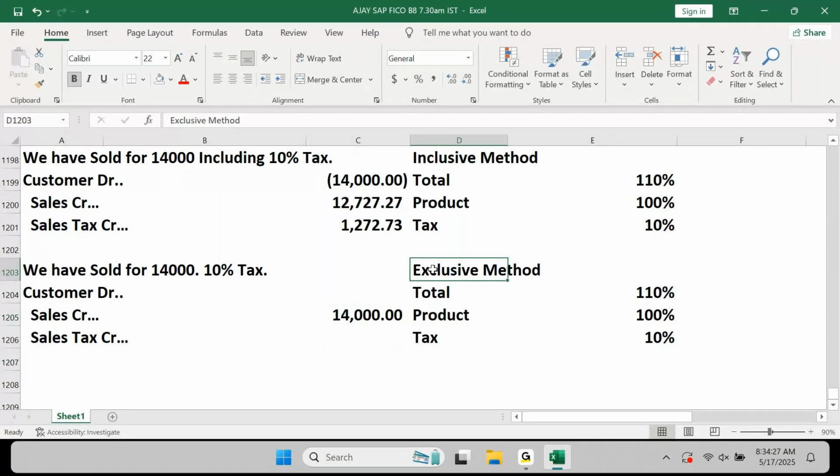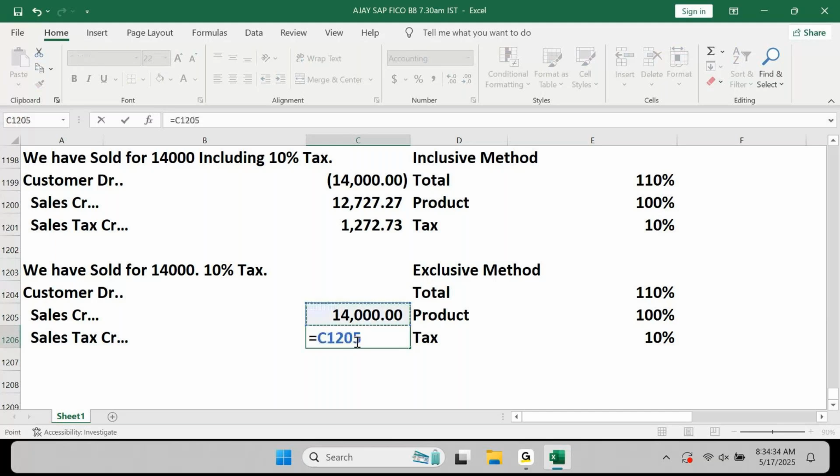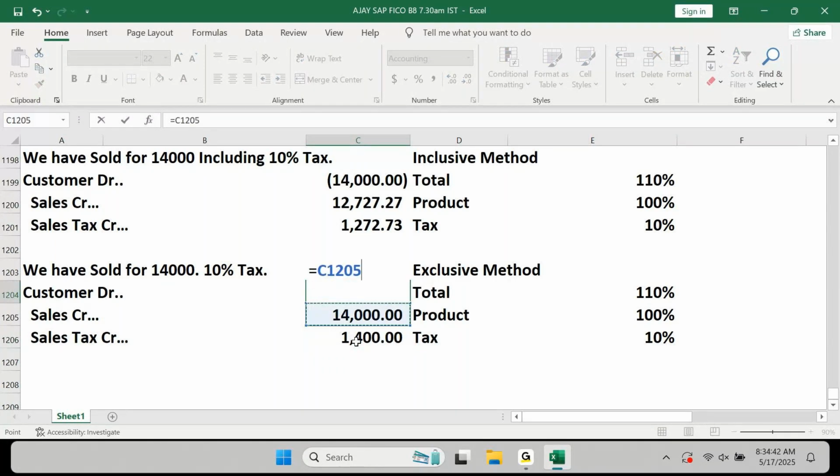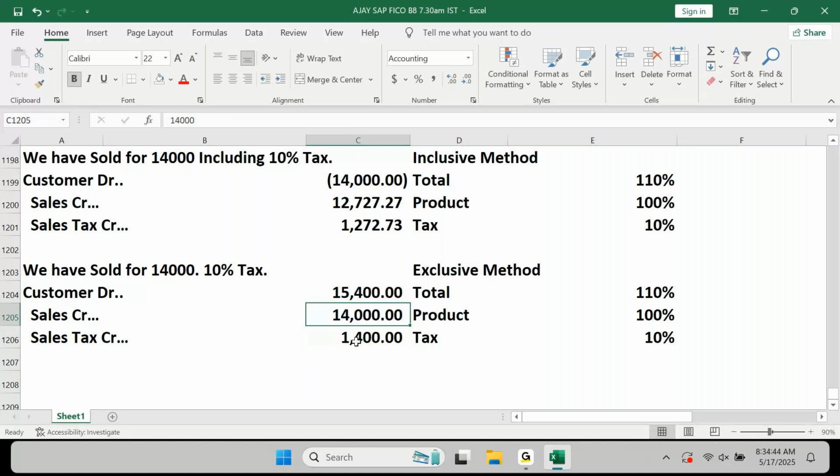Exclusive means additional. On 14,000, I need to put 10% tax. 10% of it is 1,400. Now the customer will pay 14,000 plus 1,400. Am I correct? Yes, sir. The invoice that you generate and give to the customer is for 15,400.